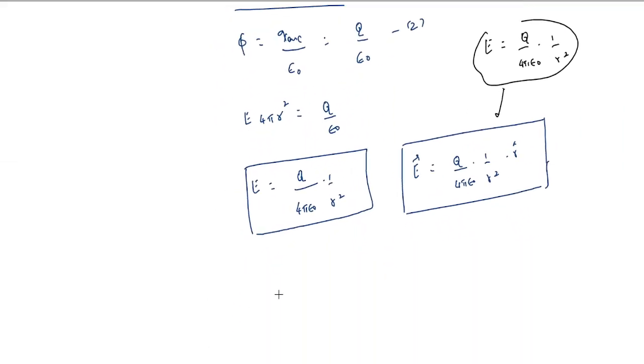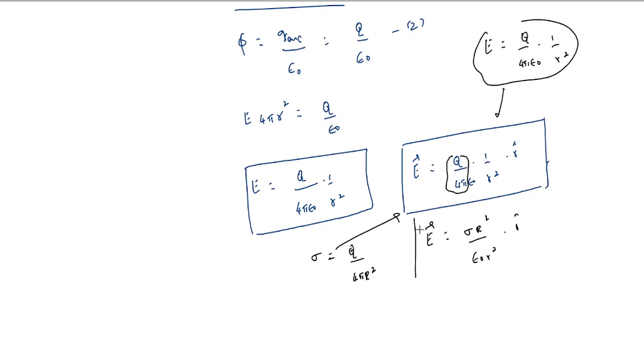In terms of sigma, we know what sigma was. Sigma was equal to Q by 4 pi R square. If we put it back here in terms of sigma, then we get E is equal to Q by 4 pi becomes sigma into capital R square, so sigma into capital R square by epsilon naught into small r square into r cap.